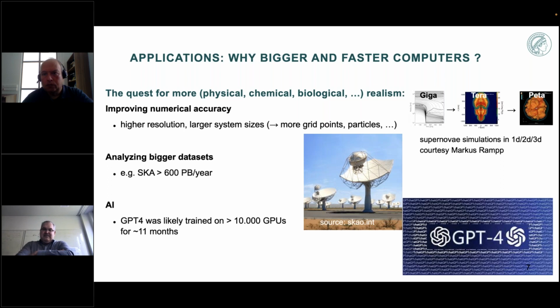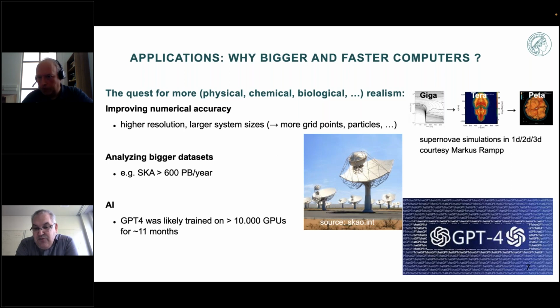I show you here how the transition from giga to tera to petascale has improved supernova simulations that were first only possible in 1D, then in 2D, and now you can regularly do supernova simulations in 3D.